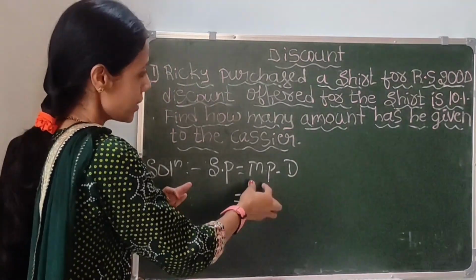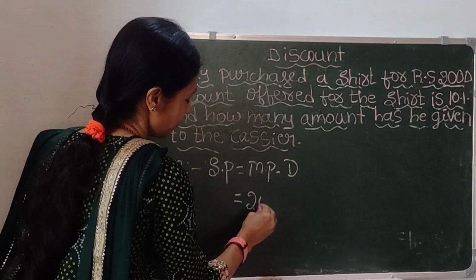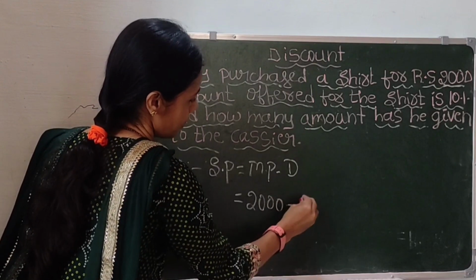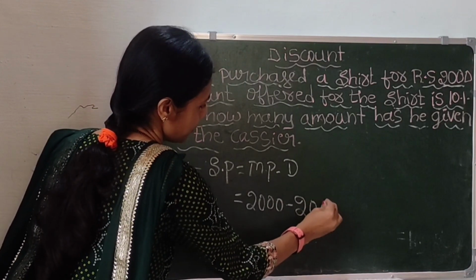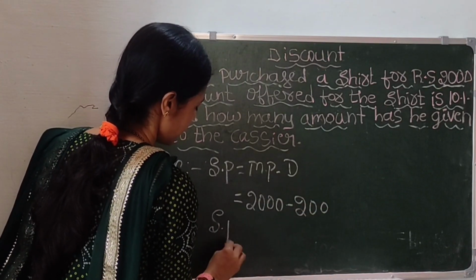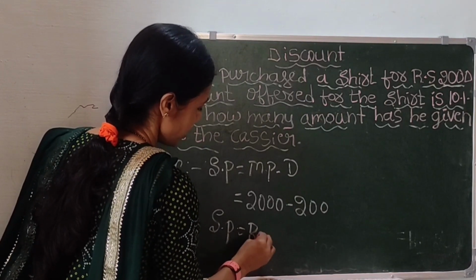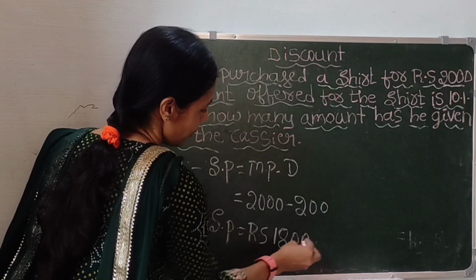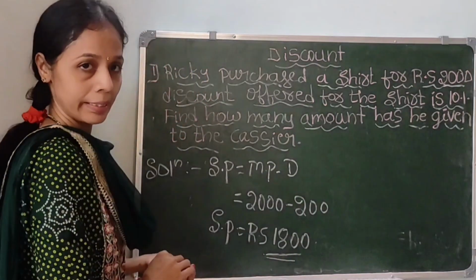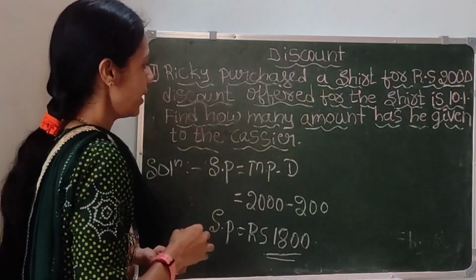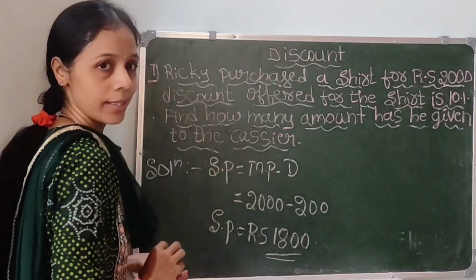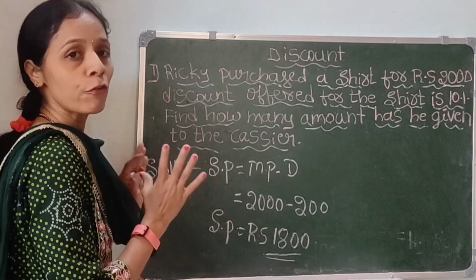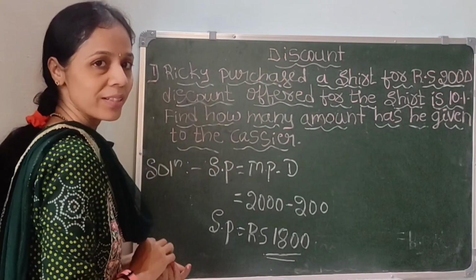The marked price is 2000. Discount is 200. So selling price is equal to Rs 1800. Okay. Ricky purchased a shirt for 1800 rupees. This is how we solve problems on discount.